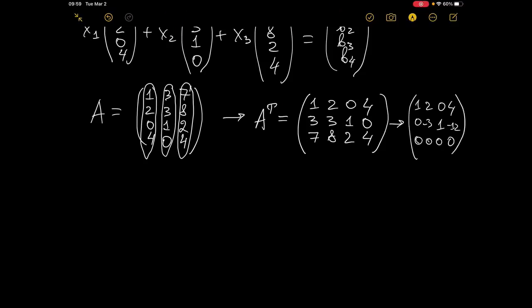And from here we know how many linearly independent rows we have. Two, right? So what is the dimension of the row space of the matrix A transposed?